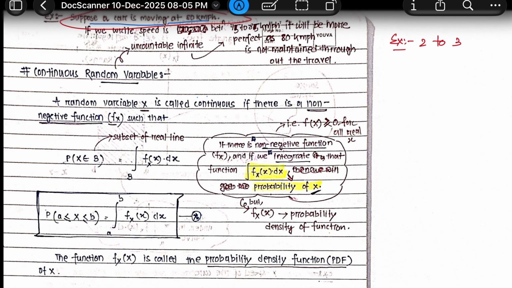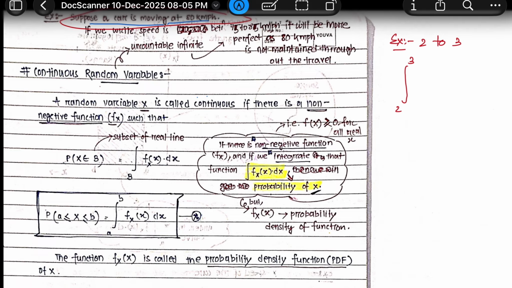A continuous random variable solves the problem by integrating all the numbers from 2 to 3, and integration is the symbol of the sum from 2 to 3.